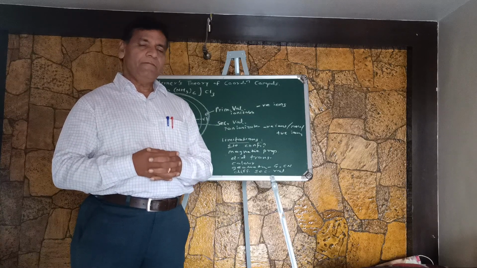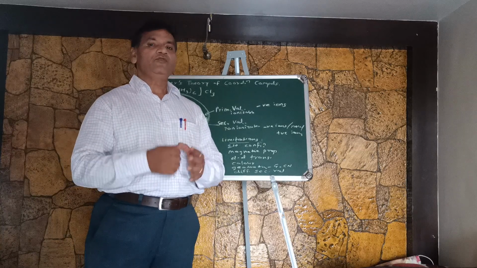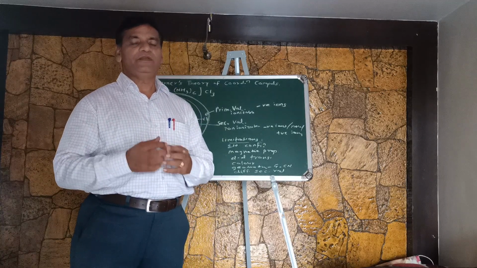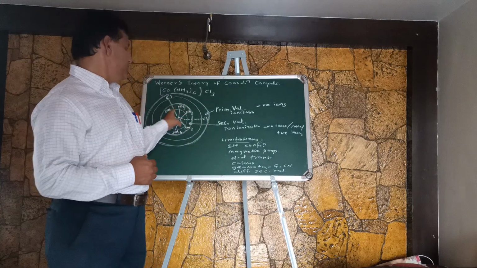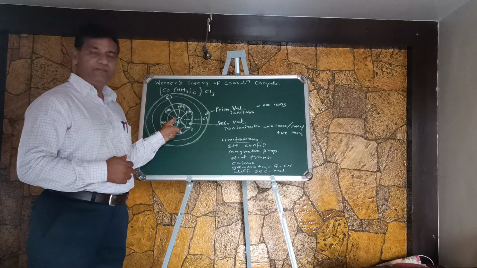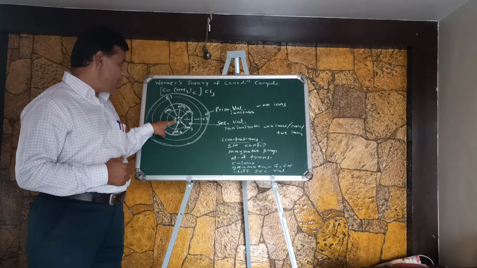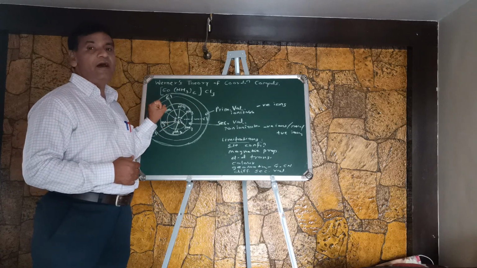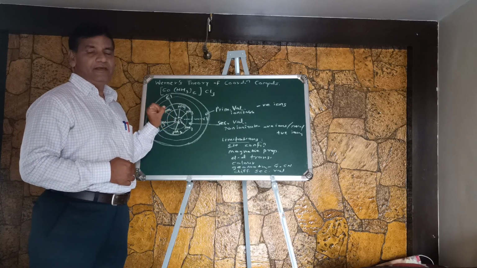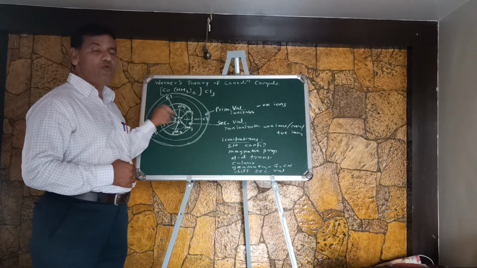If you see the structure of hexaammine cobalt chloride, which is a coordinate complex compound, in this structure at the center there is cobalt, and this cobalt is bonded to 6 ammonia ligands, which are bonded with this centrally placed cobalt.